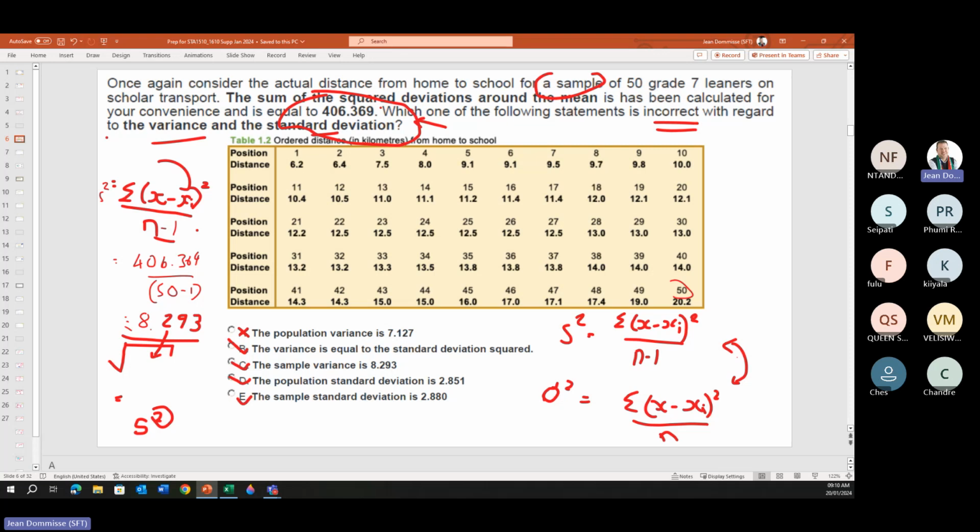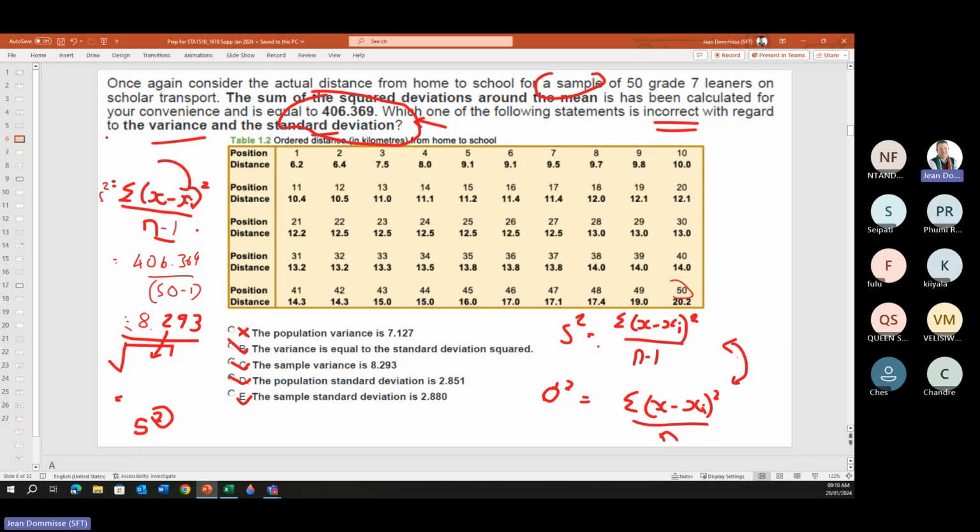So that is still on study unit 3, looking at your variances and deviations, both variance and standard deviation of sample and population.